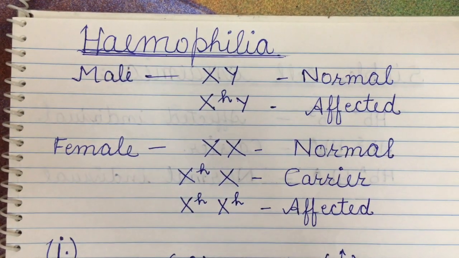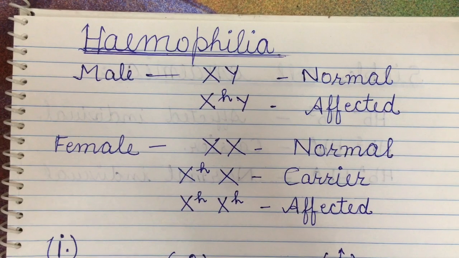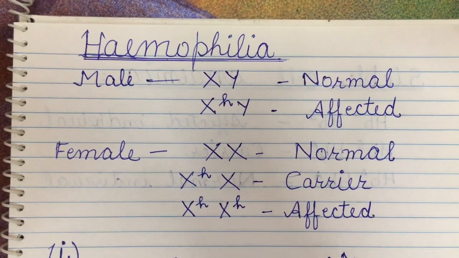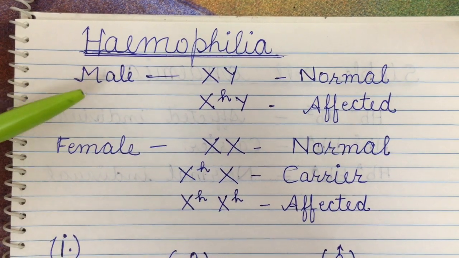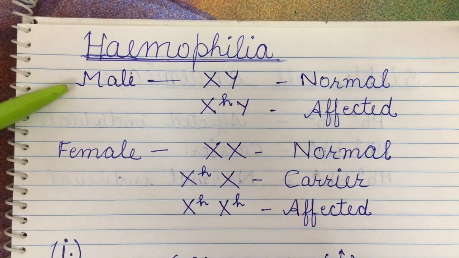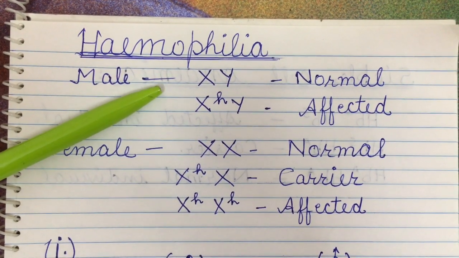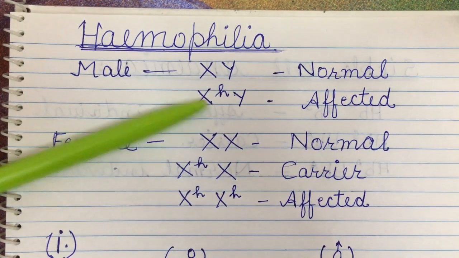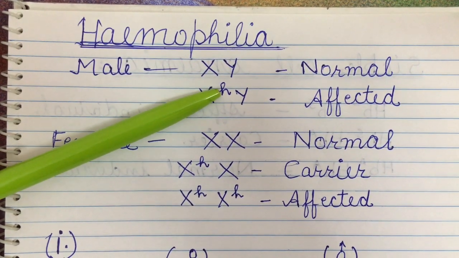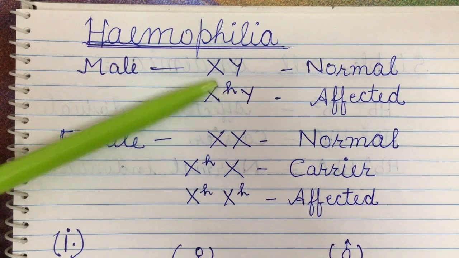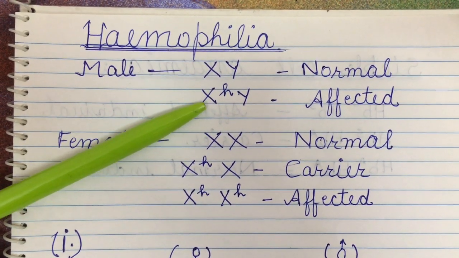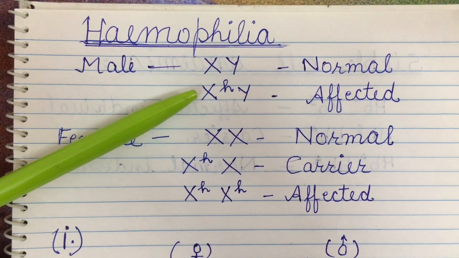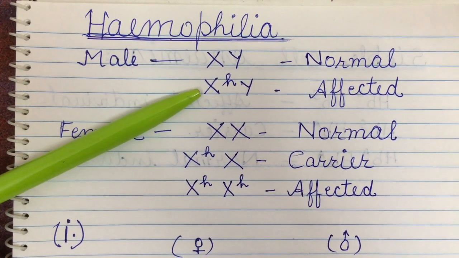Now the next disease is hemophilia. This is a Mendelian disorder. Actually, the normal genotype of a male is XY. When the X carries the H allele, H representing hemophilia, this is the genotype of the male affected with hemophilia.